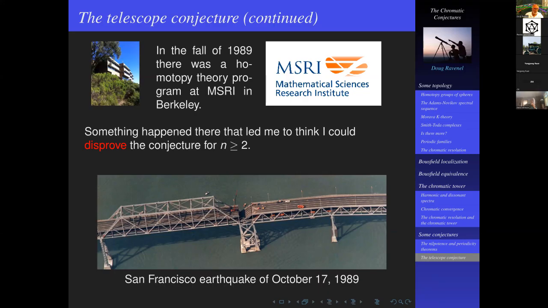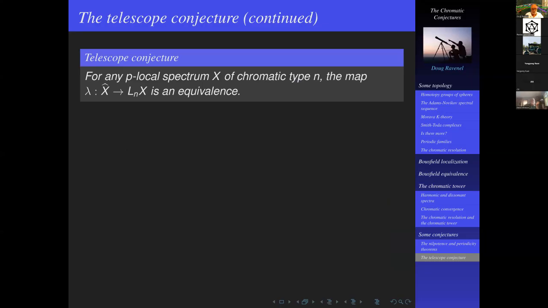I had an idea about how to do this then, but I was never actually able to follow through on it. So in 1989, I began to think this was false, and I spent the next 30 years or more trying to do this, never succeeded.